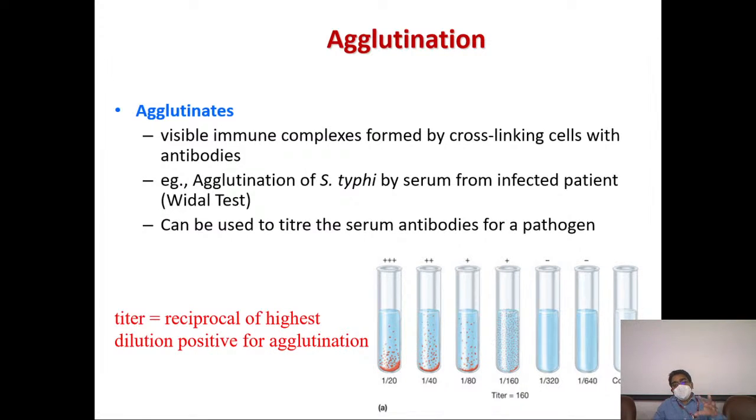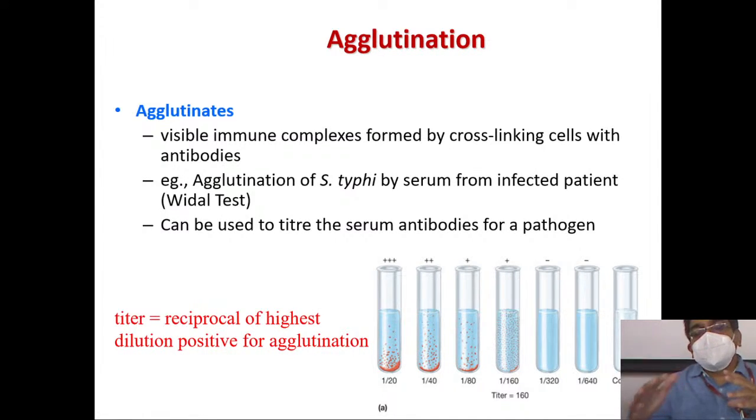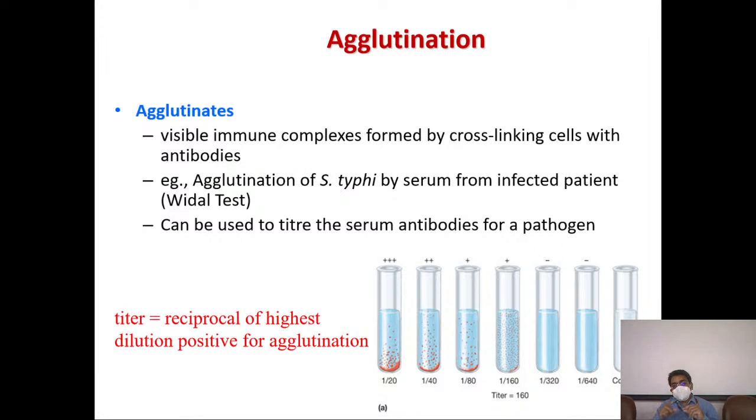and it can be used to titrate the serum. Initially both are there in high amount and they will combine, but we put a serial dilution of the serum, and the last tube where the reaction is there, the inverse of that dilution is called the titer. The first tube has a 1:20 dilution of serum, the second is a double dilution, that is 1:40, again double, 80, 160, 320.